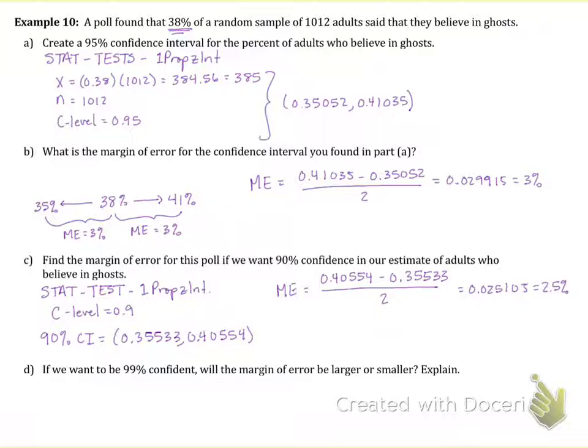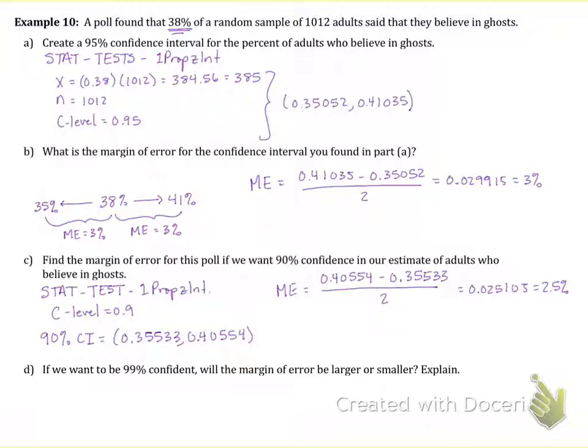So notice that we became less confident. So when we moved from 95% confidence to 90% confidence, that also meant that our margin of error got smaller. That's because if we want to be less confident, then we're going to have less error.